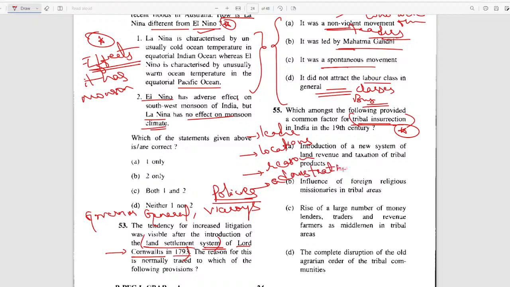These are important. All tribal revolts that have happened, go through them by heart, and also go through the leader, where it was, in which area, why it happened, the reasons, and the administrative steps that the government took at that point of time.